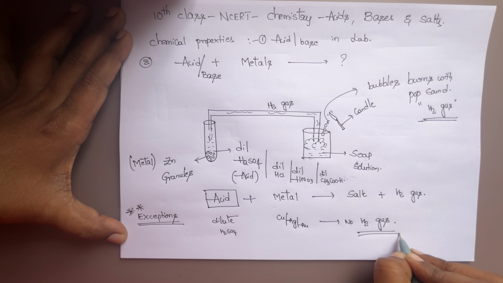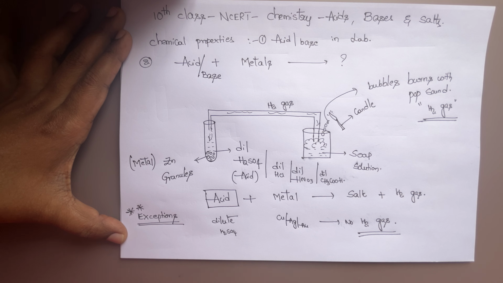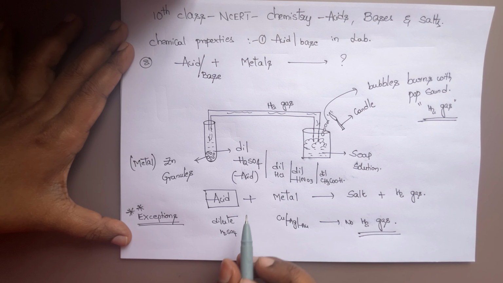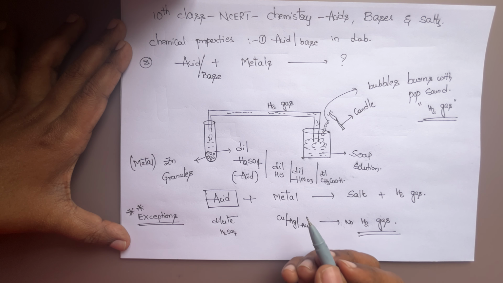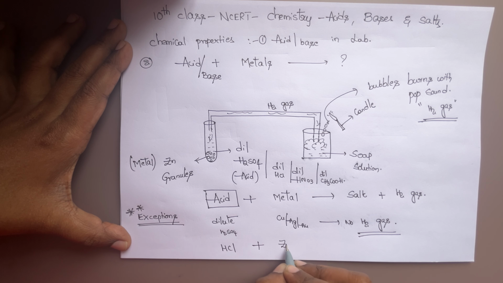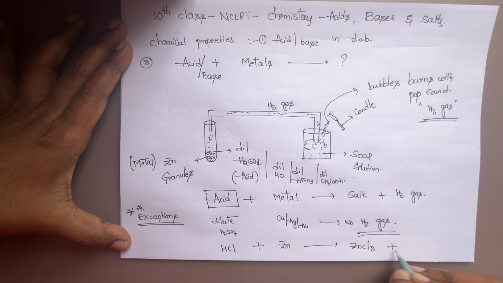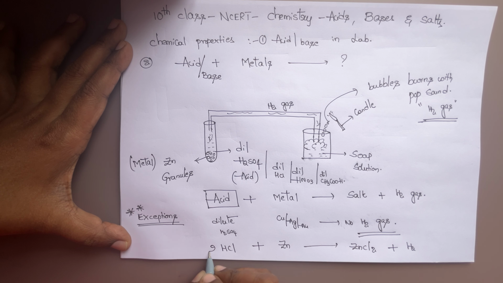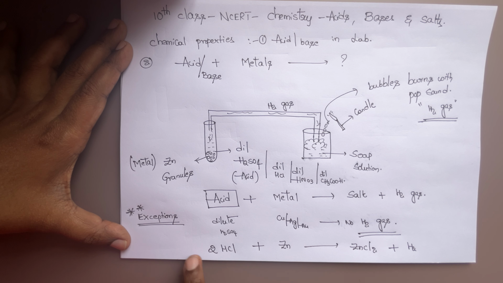They won't produce hydrogen gas. This is one of the important exceptions. Here I am taking HCl, then adding zinc. Zinc chloride is produced plus H2 gas; to balance, 2 HCl. So this is the reaction.